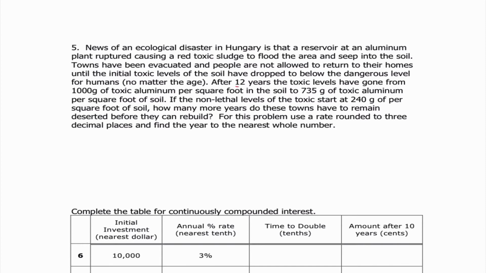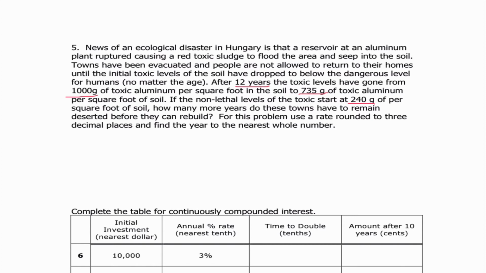After 12 years, the toxic levels have gone from 1,000 grams of toxic aluminum per square foot in the soil to 735 grams of toxic aluminum per square foot of soil. If the non-lethal levels of the toxic start at 240 grams per square foot of soil, how many more years do these towns have to remain deserted before they can rebuild?